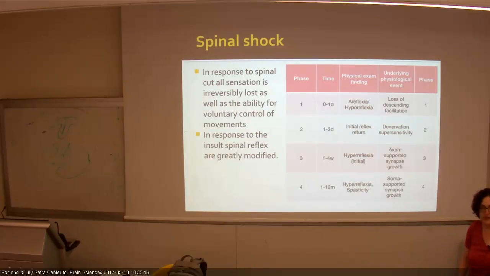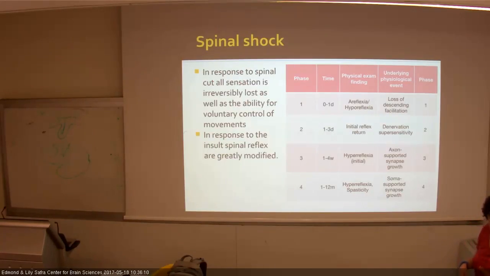Descending information acts to enhance or excite spinal elements, and in the absence of this input, the excitability level of the system drops, and the muscle tone is very, very low.